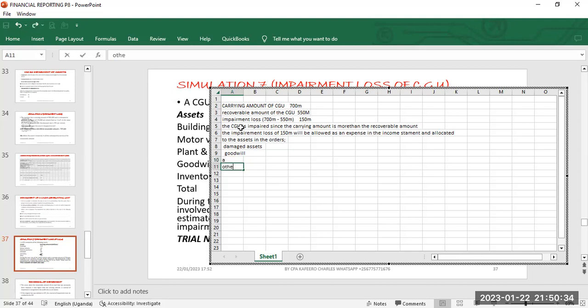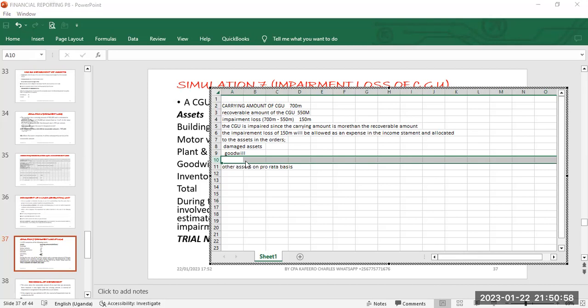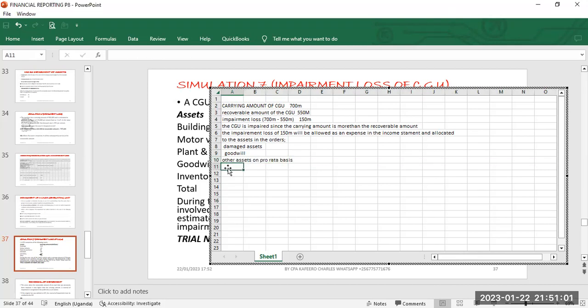Of course, other assets are allocated on a pro rata basis. That's basically what we were supposed to do. On a pro rata basis. That's what the standard expects us to do.